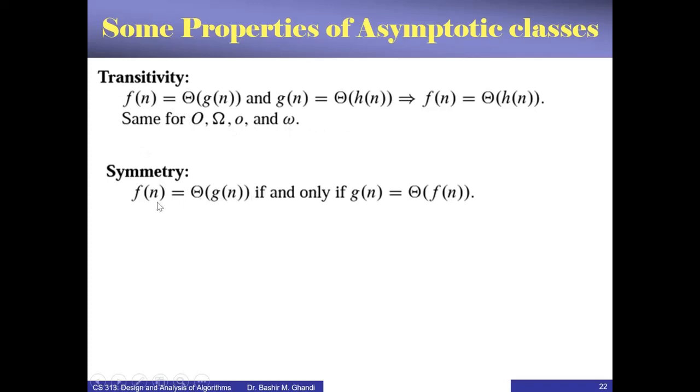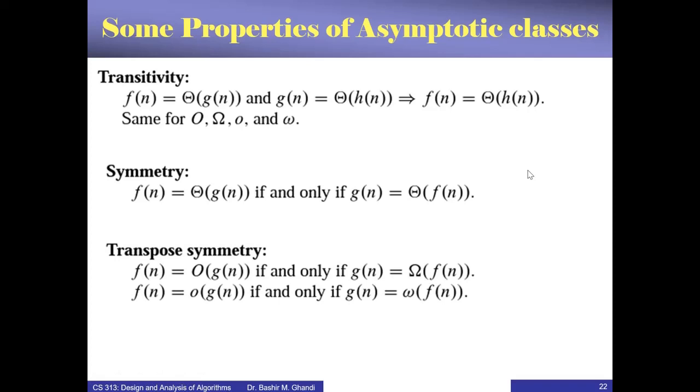And if you think about it more closely, what we are saying is this will only hold for equality: Fn will be equal to Gn if and only if Gn is equal to Fn. You cannot say the same thing with omega, because with omega, if Fn is less than or equal to Gn, it doesn't imply Gn is less than or equal to Fn. It will only hold true for the equality, so the others do not hold in the case of symmetry, only big theta.